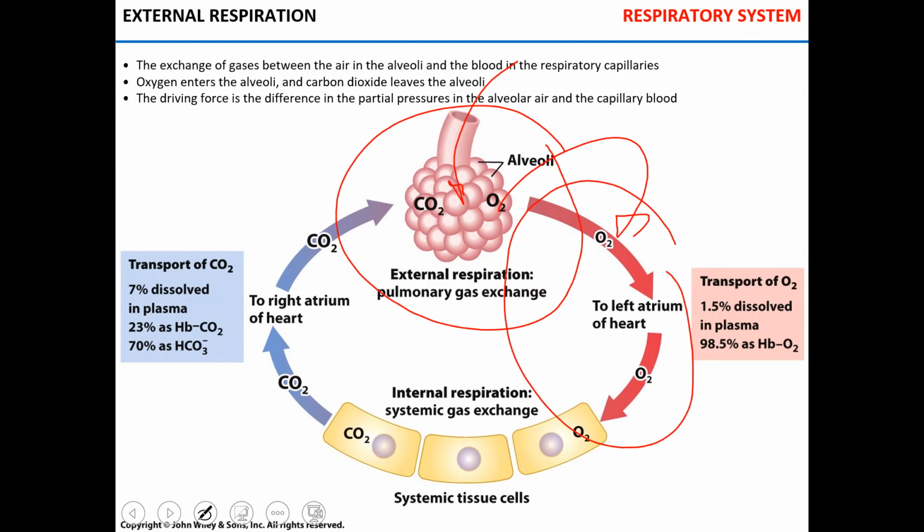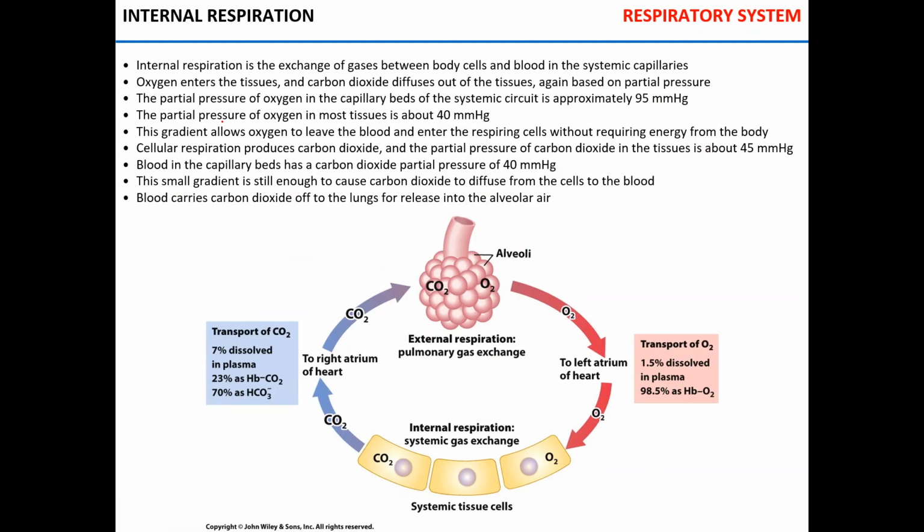Now CO2 moves from the blood into the alveoli and is exhaled. In the internal respiration, the situation is opposite. Oxygen goes from the blood into the tissues, while CO2 leaves the tissue cells and gets into the blood.